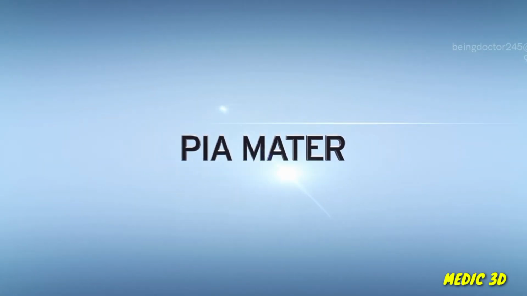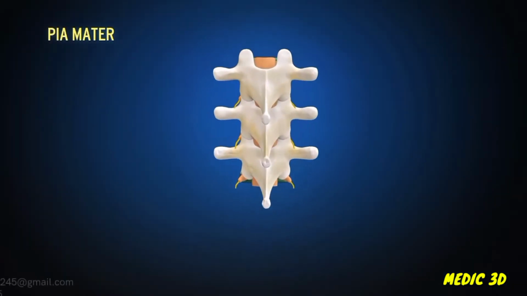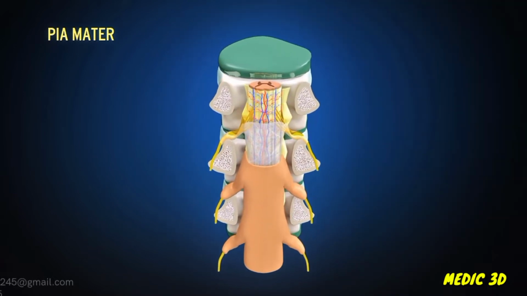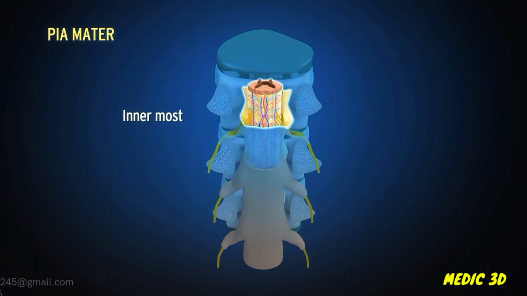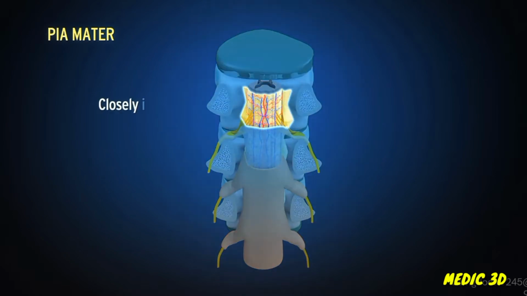Pia mater. It is the innermost covering of the spinal cord. It is highly vascularized and closely invests the spinal cord except for the ligamenta denticulata and filum terminale.